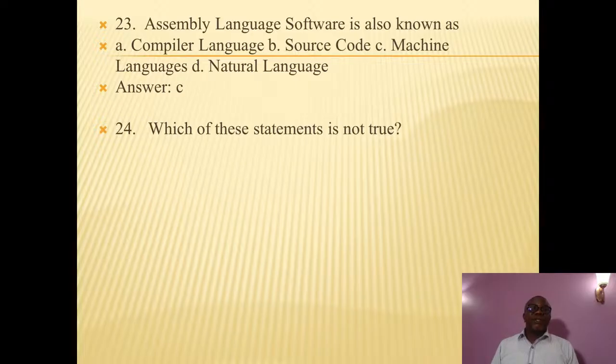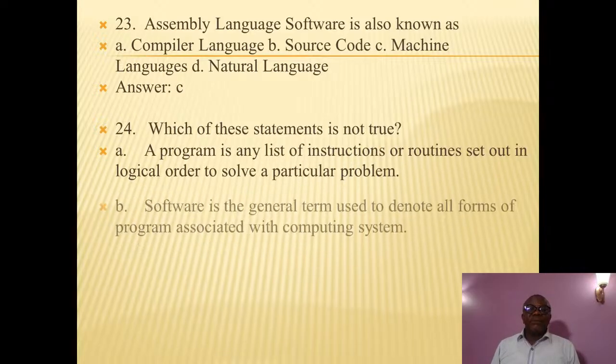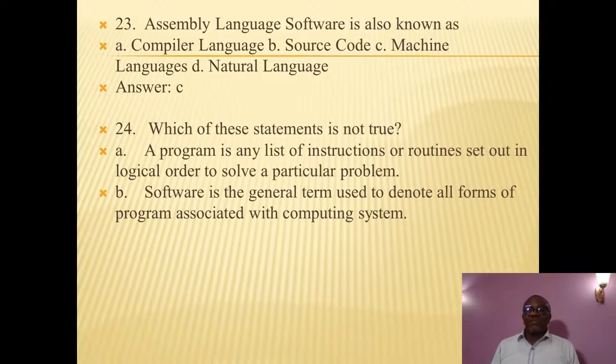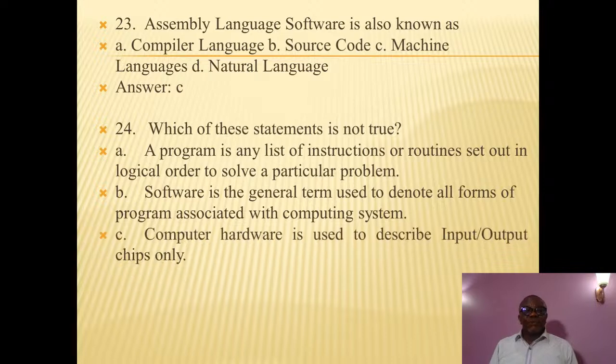So which of these statements is not true? A, a program is any list of instructions or routines set out in logical order to solve a particular problem. B, software is the general term used to denote all forms of program associated with computing system.